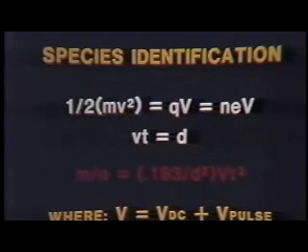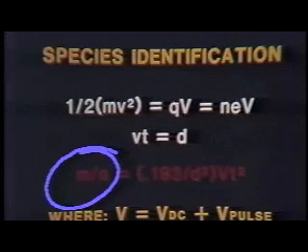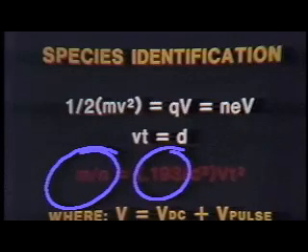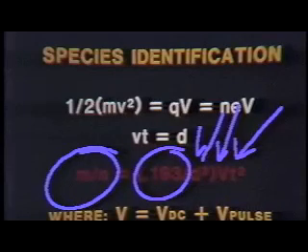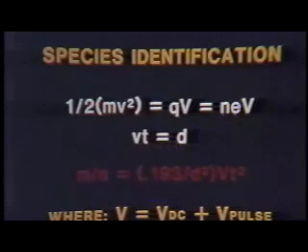And that in turn tells you that the mass-to-charge ratio is some constant that depends upon the distance the ion travels, which you can measure, the voltage, which you can measure, and the travel time, which you can measure, because you used a high-voltage pulse, and the start of that pulse can trigger an oscilloscope sweep. When the ions arrive at the detector, they're displayed on the oscilloscope sweep, and you measure their travel time directly.